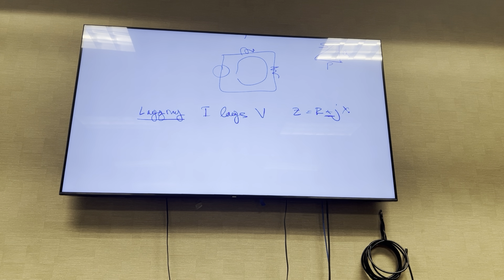There should be a plus sign here, and of course, this is inductive. And then leading is I leads V, and Z, you should get a minus here, and this is capacitive. So those are good checks at the end of a problem.